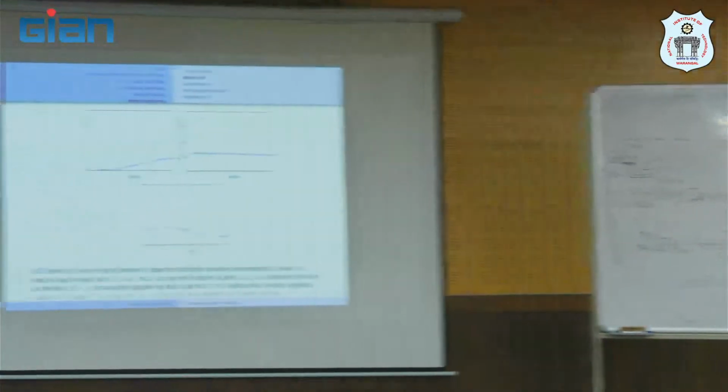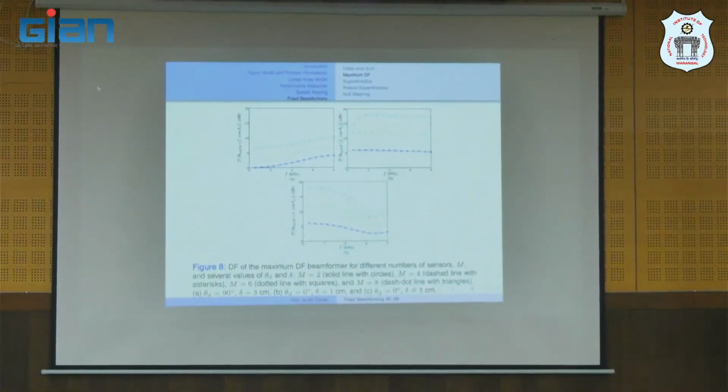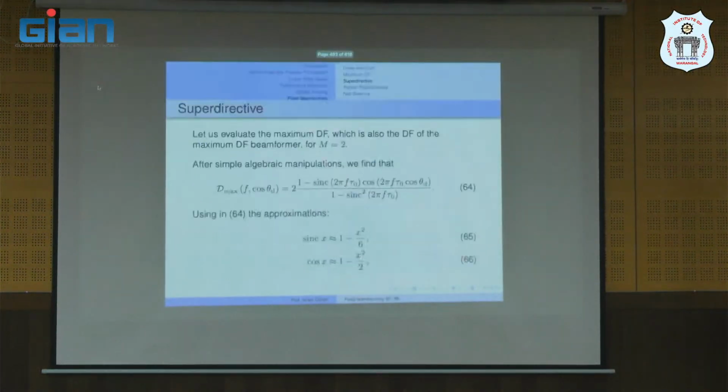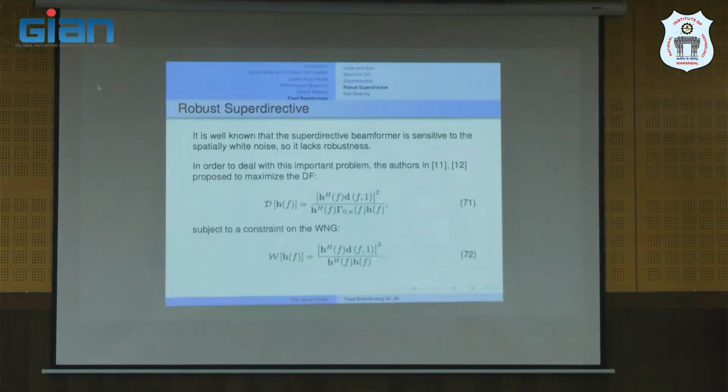So let's see how we do it. Now that you understand, it's very simple. Suppose that I take the super-directive beamformer, okay? And I can write the directivity factor specifically.